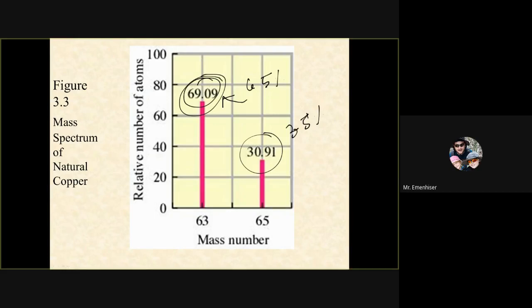So since most copper is 63 with 69%, that means that the average is going to be close to 63, but a little bit in between 63 and 65, right? So this 65 is going to bring that average up, but not much.